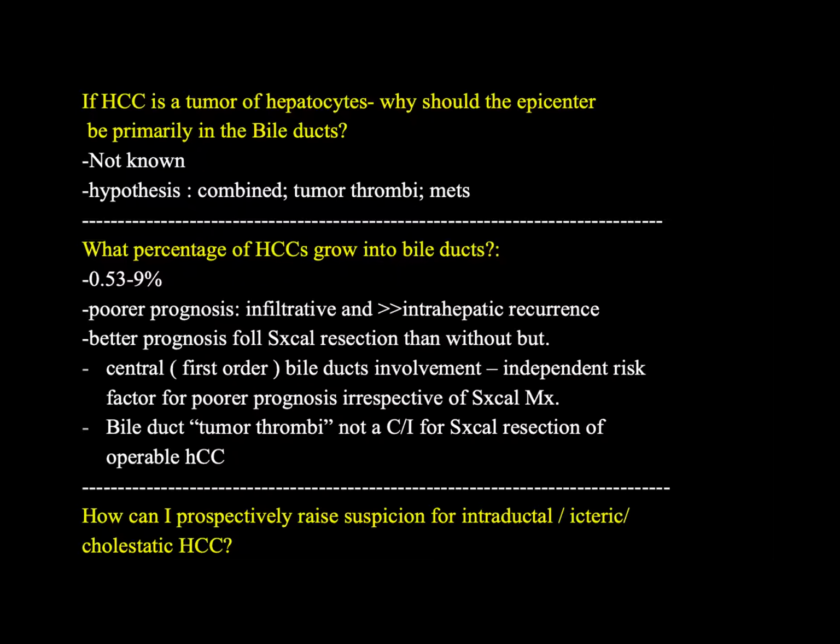Maybe once we operate and the whole thing comes out, it's more likely to be a combined HCC-cholangiocarcinoma. In the literature so far, they say about 0.53 to 9% of HCCs grow into bile ducts. As we all know, HCC grows more commonly into portal veins, less commonly into hepatic veins, and least commonly into the bile ducts.